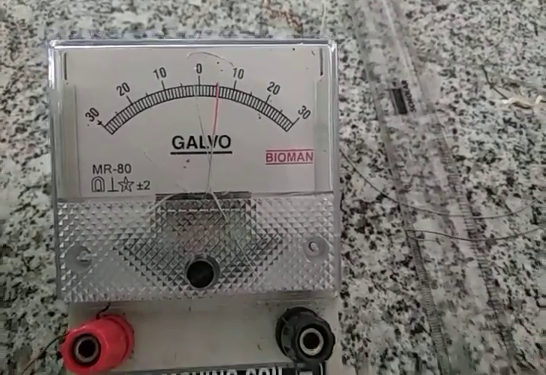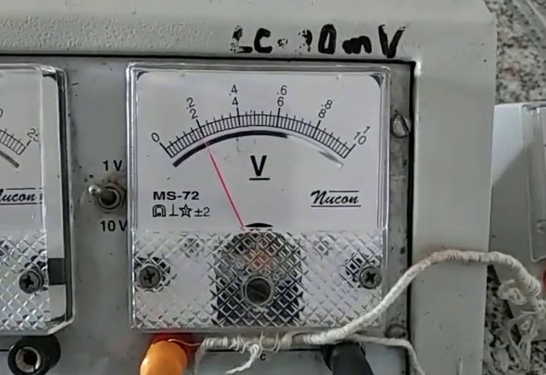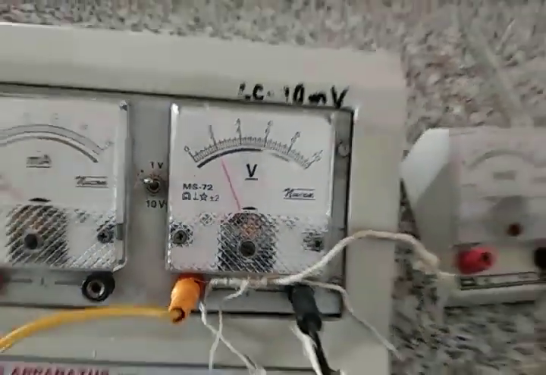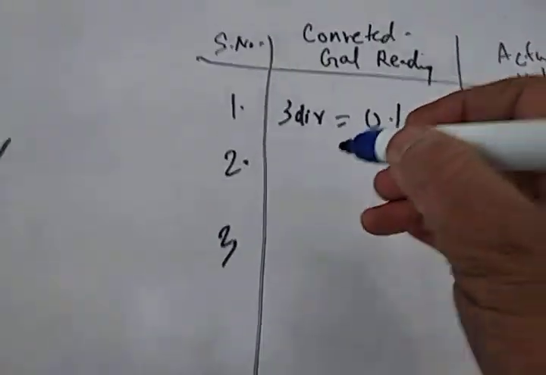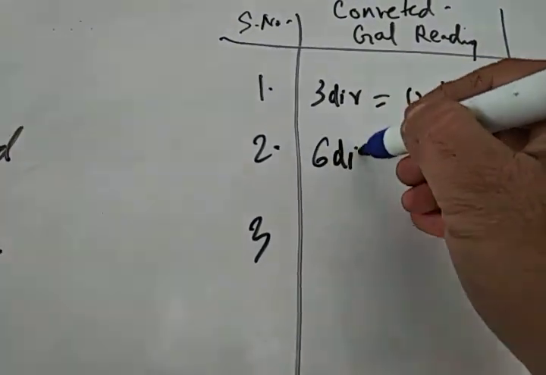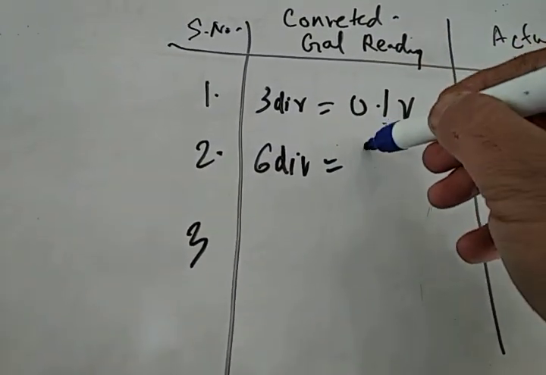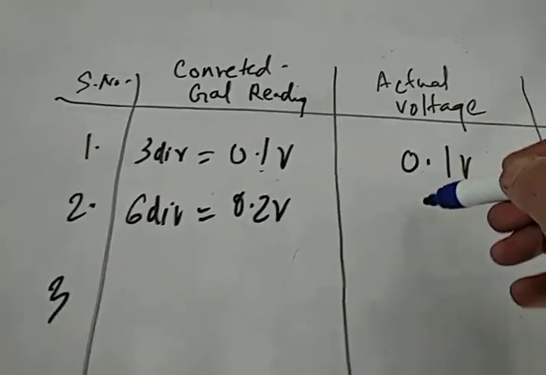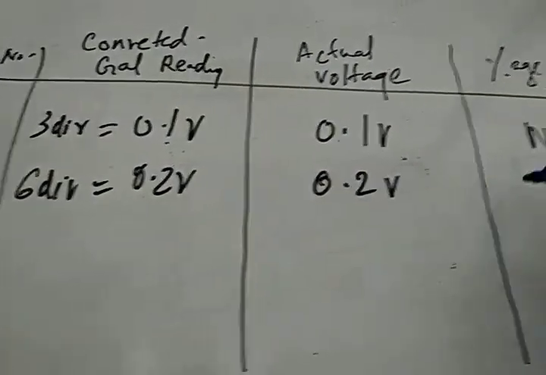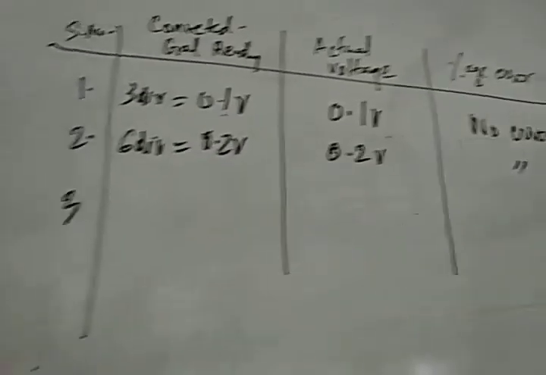How much is this showing? You could see this is 0.2 volts. So 6 divisions corresponds to 0.2 volts, and the actual voltmeter is also showing 0.2 volts. So no error detected.